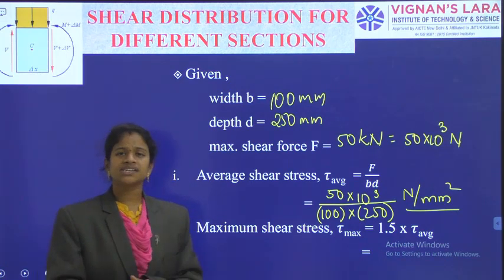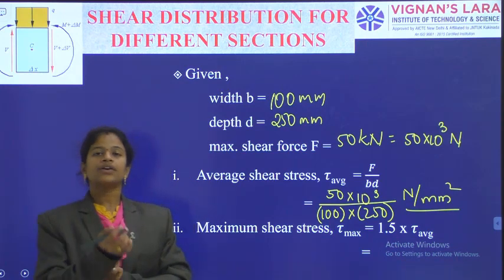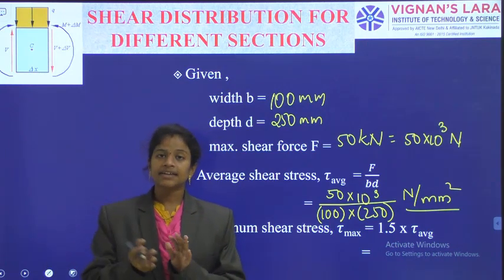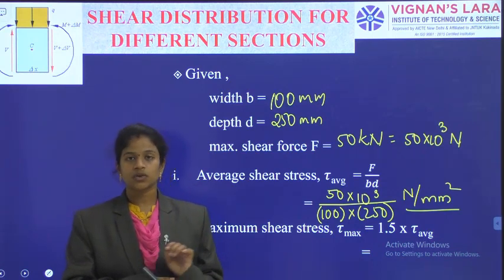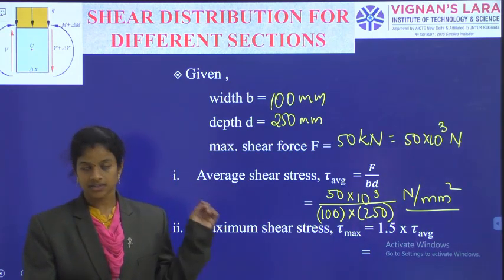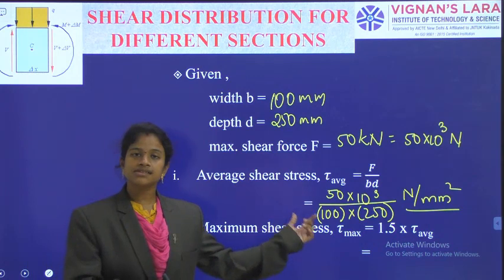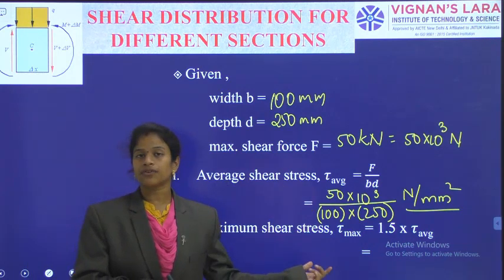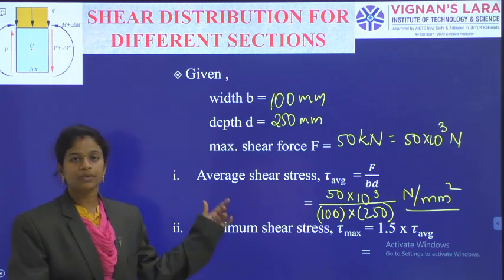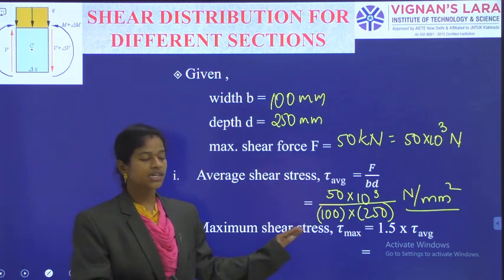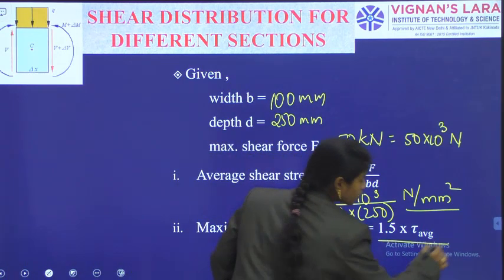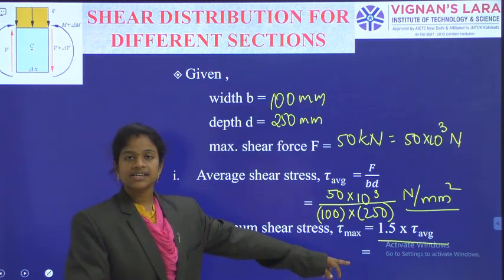Now, maximum shear stress for the rectangular section. How will I calculate the maximum shear stress? The shear stress will be maximum at the neutral axis, so I can calculate the shear stress at the neutral axis, or using the average shear stress, but I have to remember the formula. The maximum shear stress is equal to 1.5 times the average shearing stress.